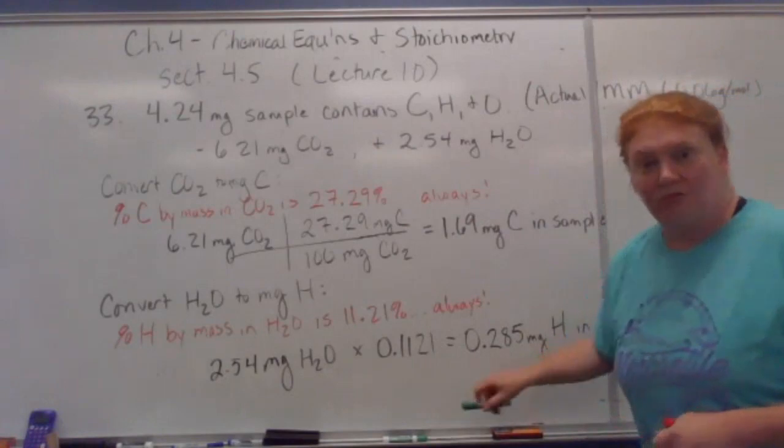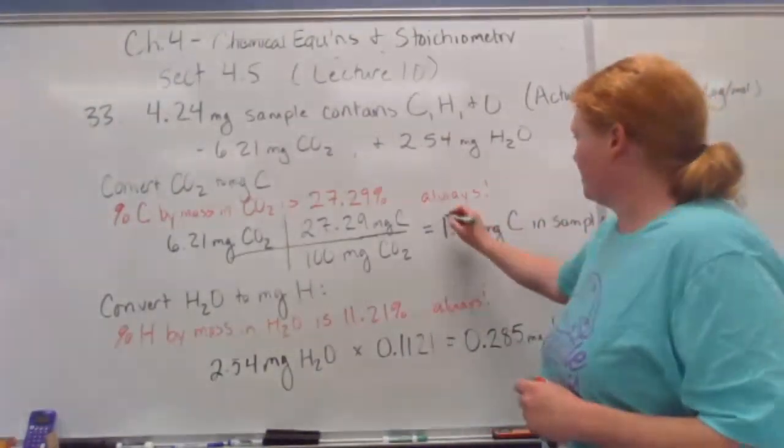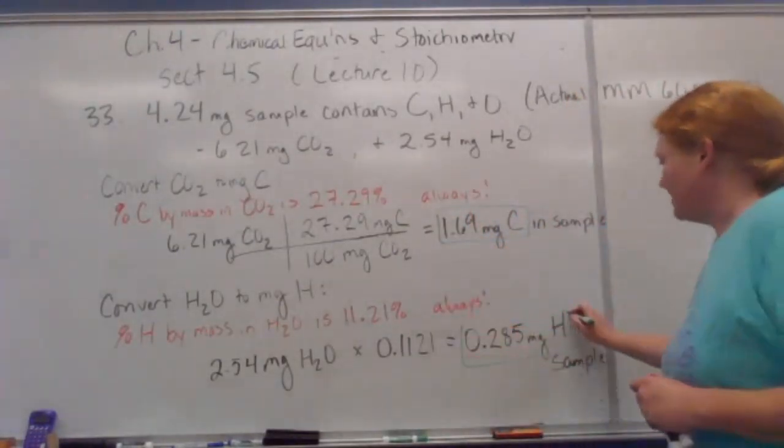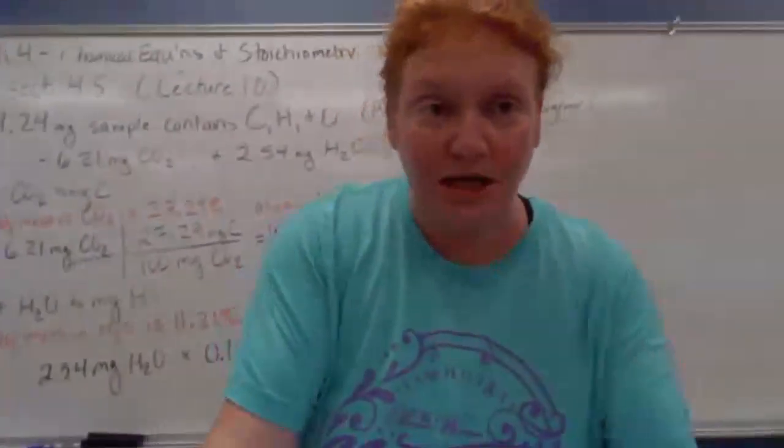So the first question, part A, said find the mass of each element. Well, we found the mass of carbon. We found the mass of hydrogen. And to get the mass of oxygen, we subtract.